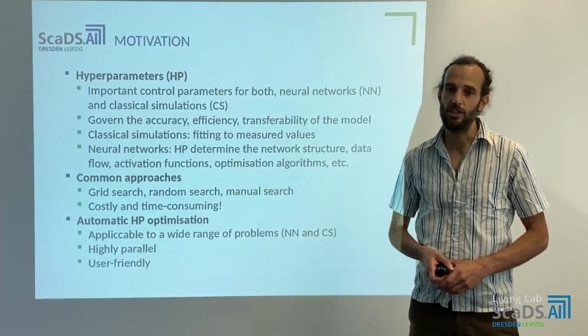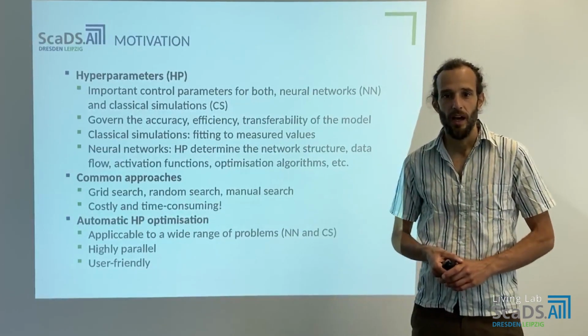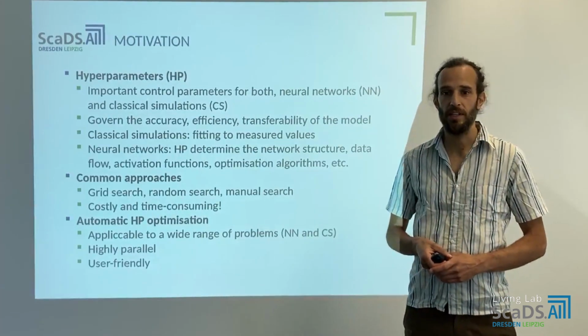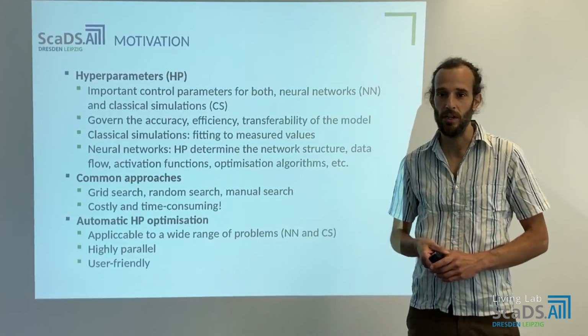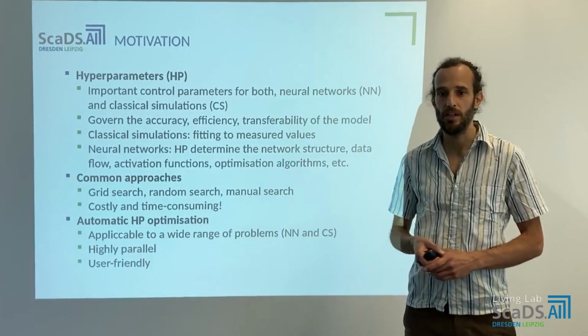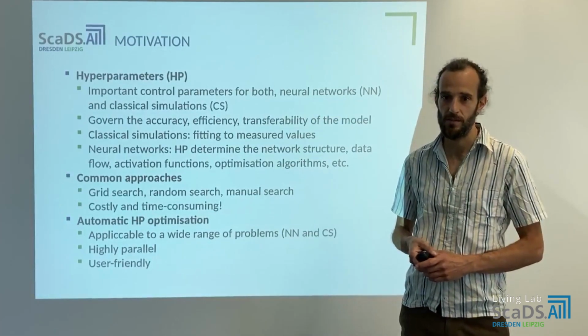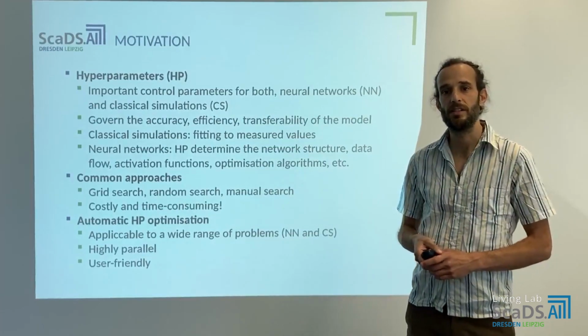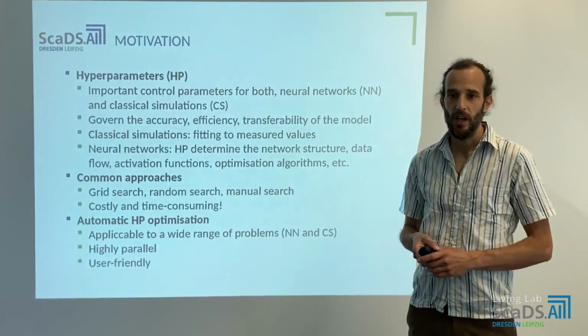First, some motivation for our subject. Of course, hyperparameters are important control parameters for neural networks, but not only for neural networks, also for classical simulations. They govern the accuracy, the efficiency, and transferability of the model.